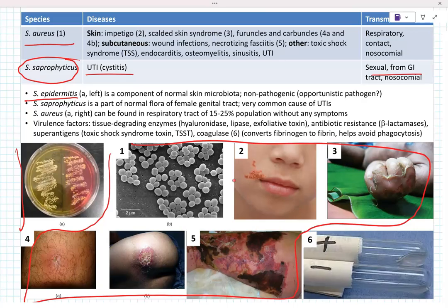It can start with a fairly mild superficial skin infection known as impetigo, which is contact transmitted, and eventually develop into so-called scalded skin syndrome because bacteria start breaking down the connection between the epidermis and dermis, and skin is just falling off. If it infects hair follicles, it can result in furuncles and carbuncles. This is a furuncle. This is a legitimate carbuncle.